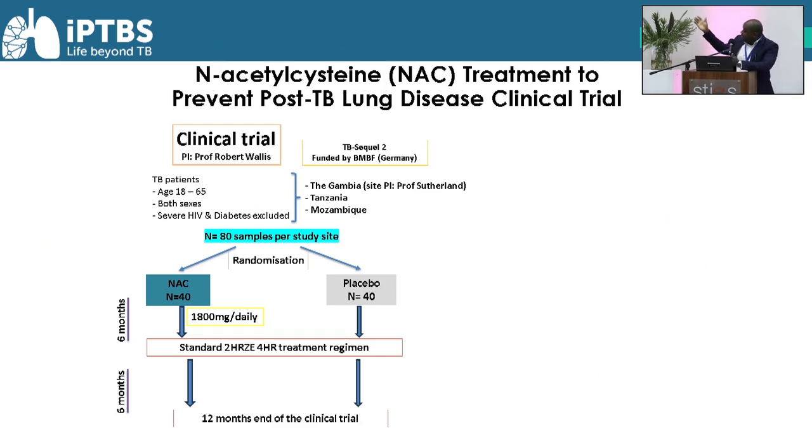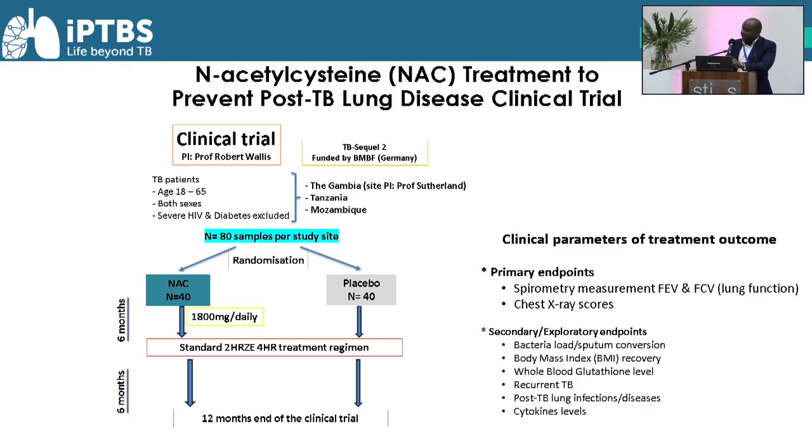Using the assay now, I'm involved in a clinical trial of NAC that is going on in 3 different countries, where Wallis, who will be speaking tomorrow, is a PI. One feature that I want to highlight is that we use up to 1,800 milligrams, and the primary endpoint is spirometry.